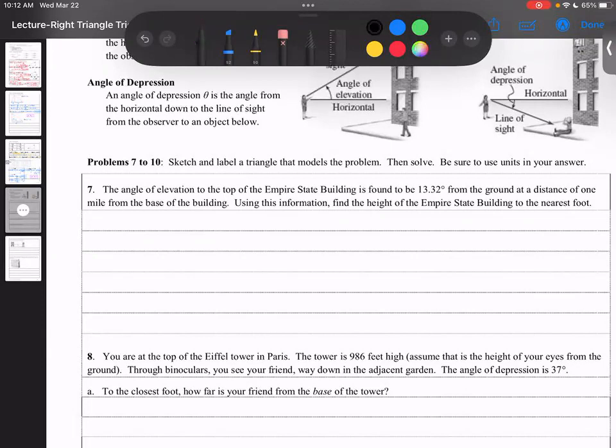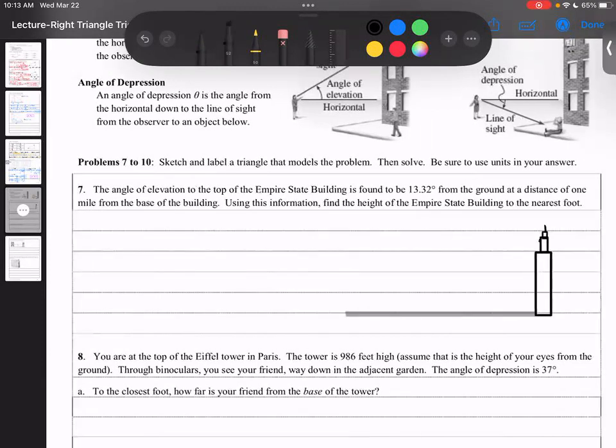So, Empire State Building. I'll try my best. Looks like that. A distance of 1 mile from the base of the building.